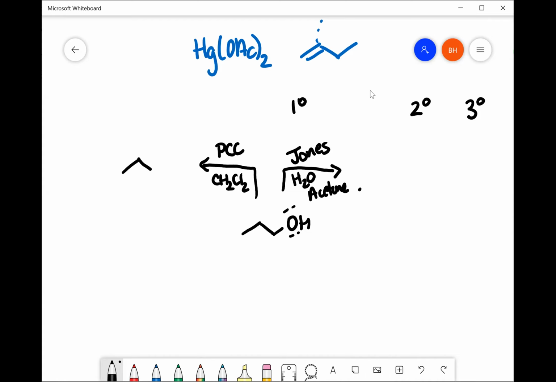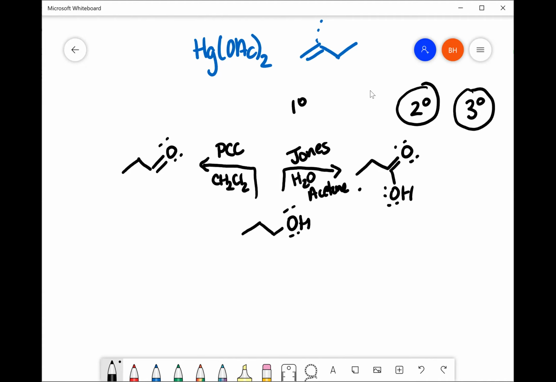We've got our aldehyde, and for Jones, we've got the carboxylic acid. When you do your reaction web with secondary or tertiary alcohols, these reactions are going to be slightly different, but it's a good way of getting practice with each one. So we did some oxidation reactions.